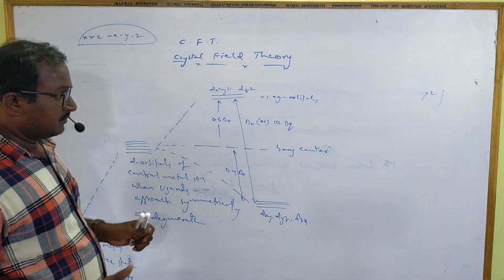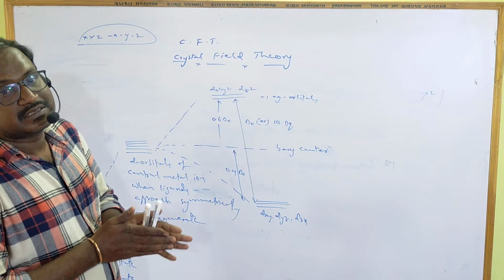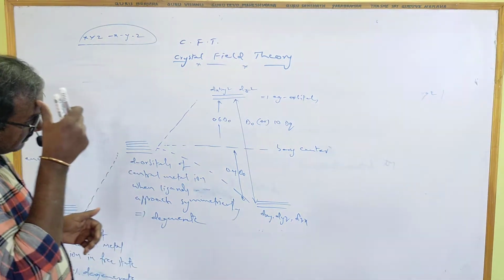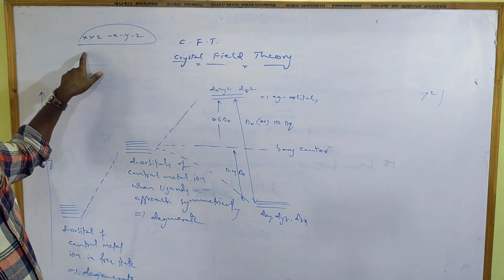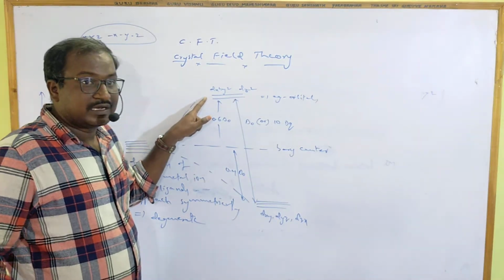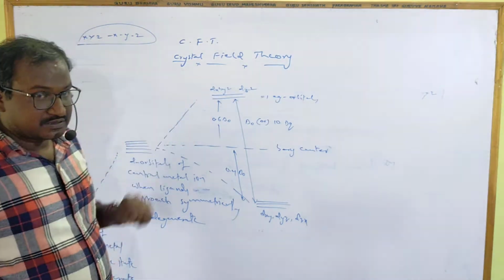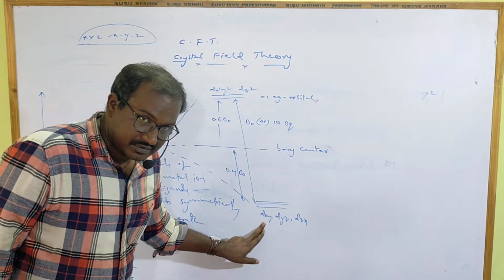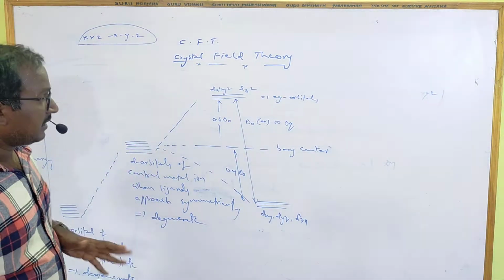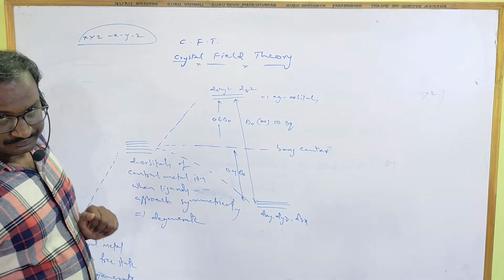And then when 6 ligands come close to the central metal ion, they have to come along the axes. So those orbitals oriented along the axes are affected more by the repulsion than the other orbitals. Due to that, the 5 d orbitals split into 2 groups.